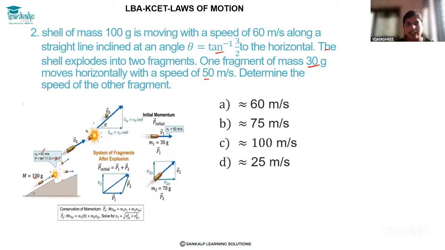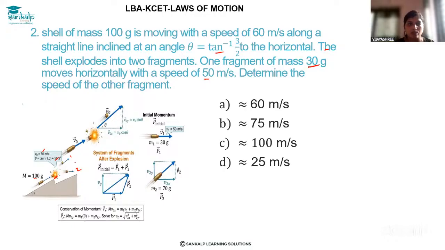It is moving inclined at 56 degree to the horizontal. Okay. The shell explodes into two fragments. So at this point, it explodes into two parts. This is one part, this is second part. Okay, explodes into two fragments.